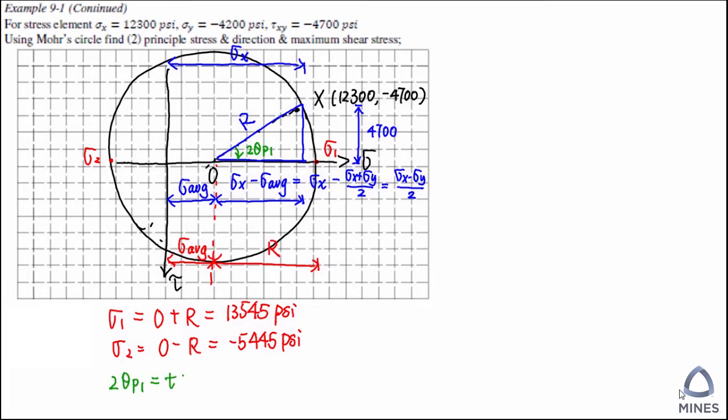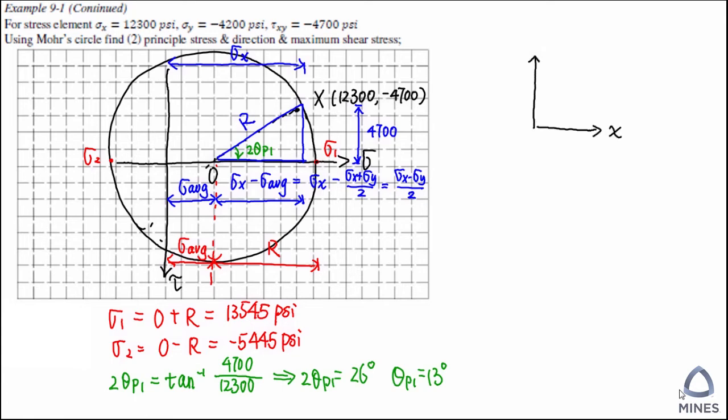So how are we going to find the 2 theta P1? We still go back to the blue triangle. So now let's start to draw the rotated stress element. This is our original coordinate system.